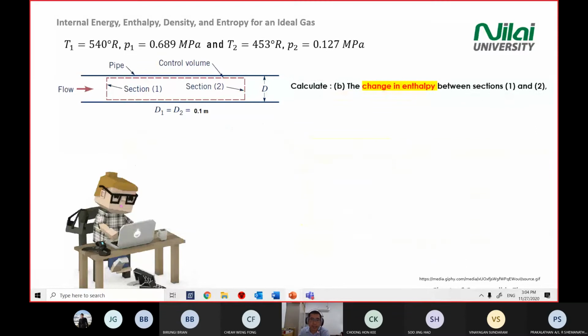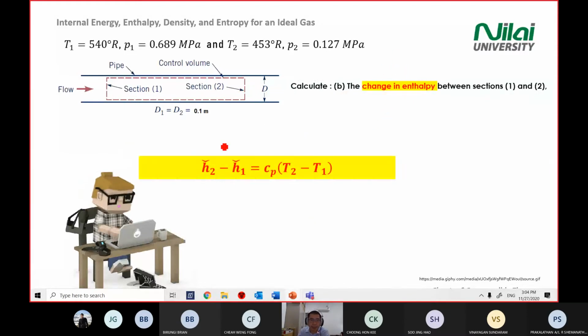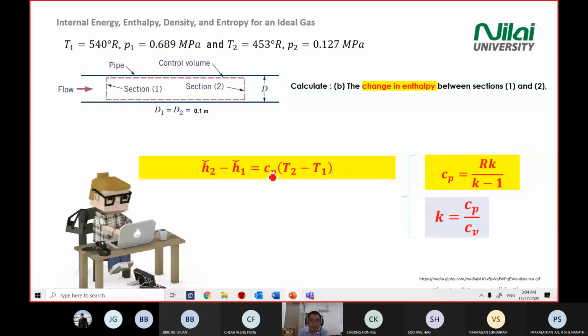All right. The second one, change of enthalpy, which is our H, is given by this equation with the Cp times the change of temperature. Then recall again the definition for your Cp. Again, Cp equals Rk divided by K minus 1. Or you can find either one. You can use K equal to Cp divided by Cv because just now you found your Cv already.